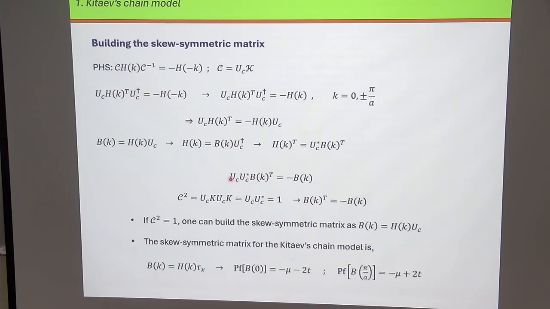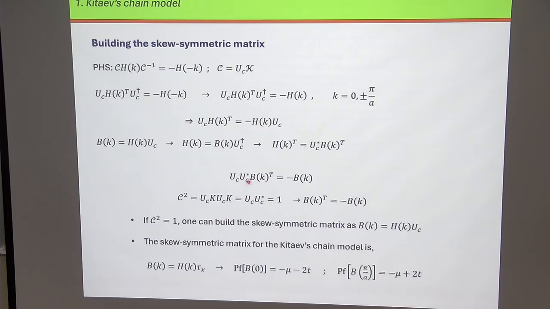And now you see, if this is equal to 1, then you are done. So you see that your B matrix can be built in this way: your Hamiltonian times this UC matrix, which you know because it's the matrix you have in your charge conjugation operator, okay?